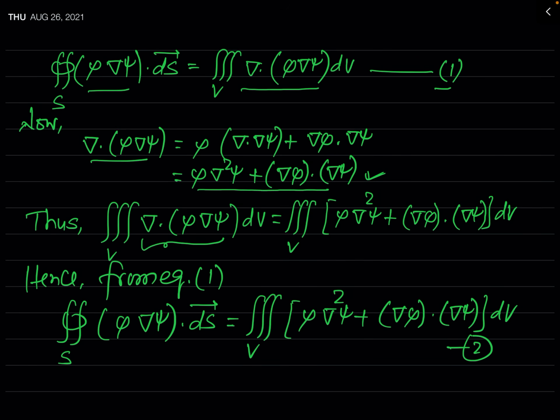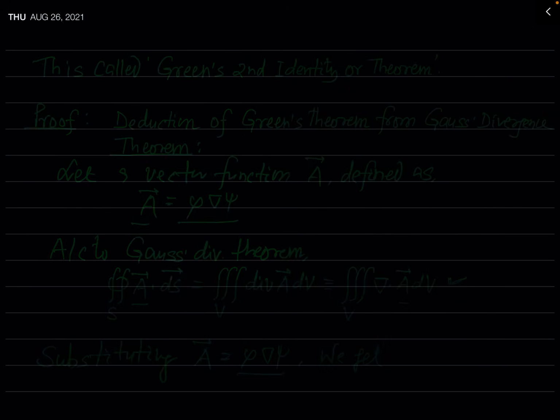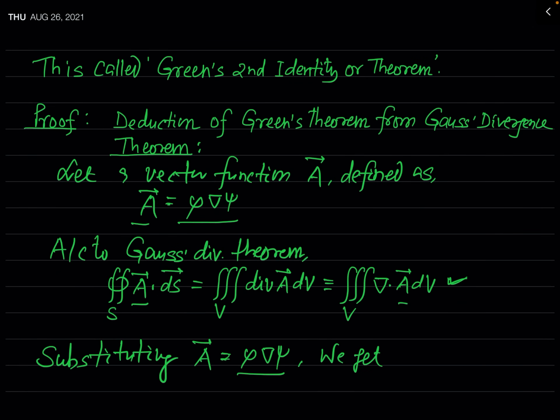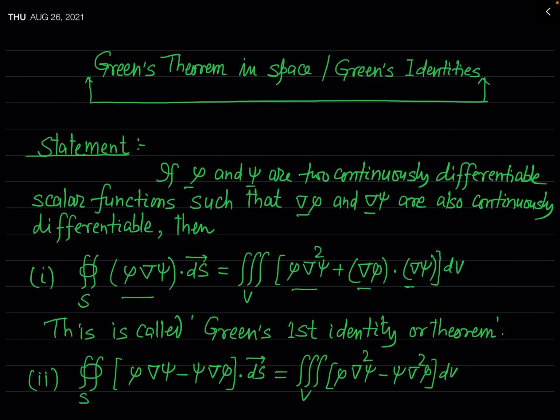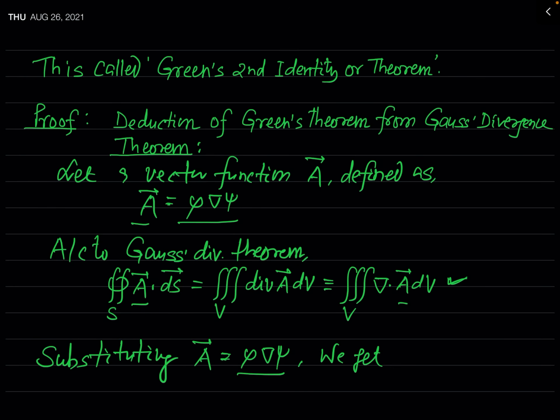And you can see this equation is nothing but simply the Green's first identity. You can see the statement, you can compare it. This is simply the first Green's identity, because the surface integral of phi del psi dot dS is equal to this much in the statement.